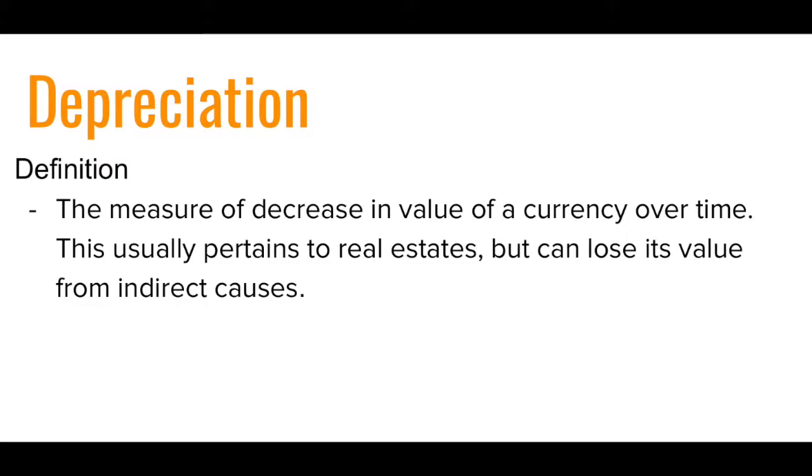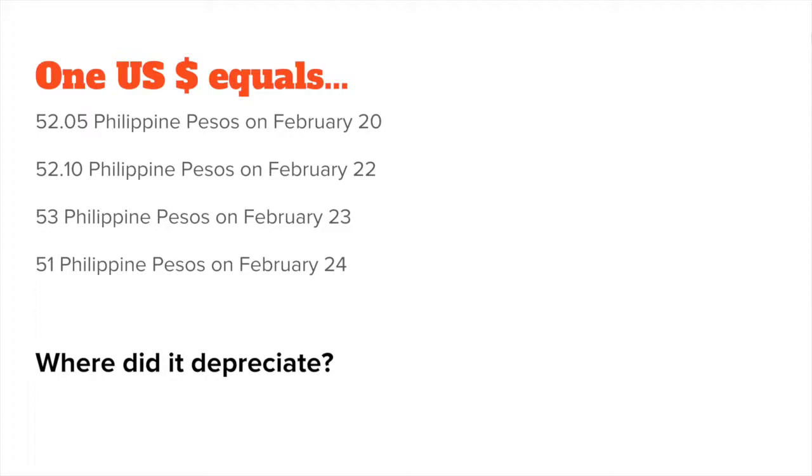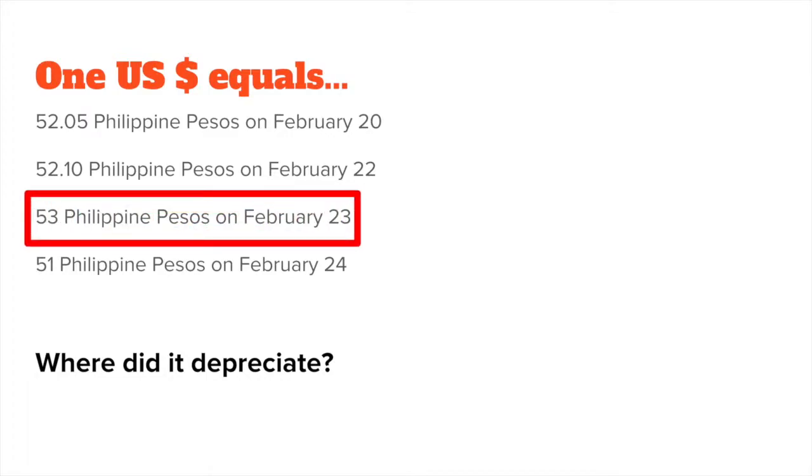Depreciation is the measure of decrease in value of a currency over time. This usually pertains to real estate, but can lose its value from indirect causes. For this example, let us use the previous example for appreciation. Since depreciation talks about how currency gets weaker, the weaker currency here is on February 23 at 53 Philippine pesos.